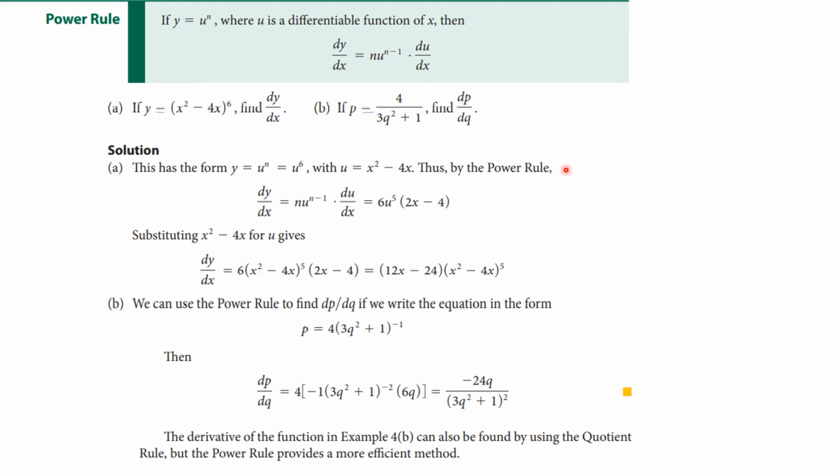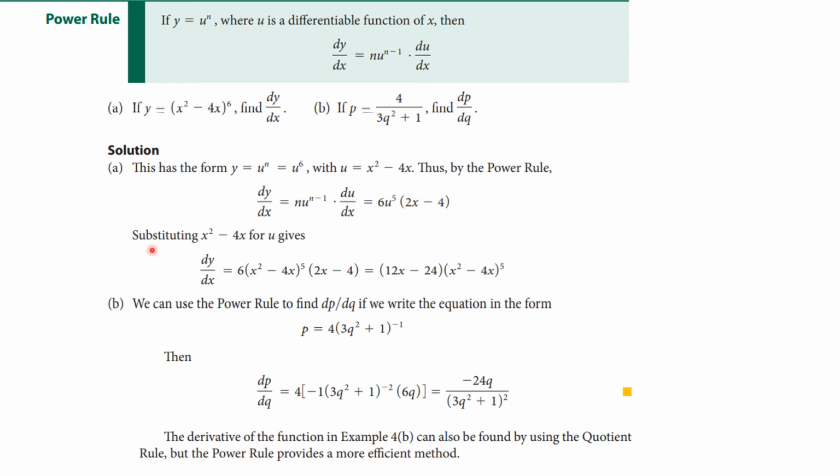Then if you follow the power rule, dy by dx is equal to n, u to the power n minus 1 times du by dx. Here n is 6, so u to the power 6 minus 1 times the derivative of this function. The derivative of this function is 2x minus 4.